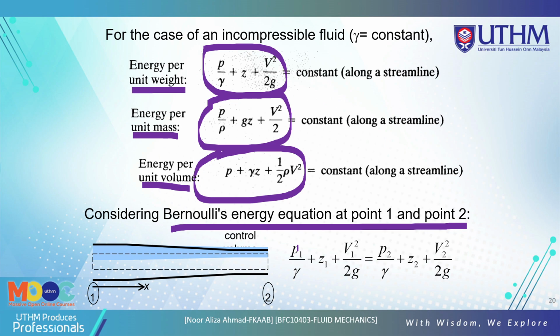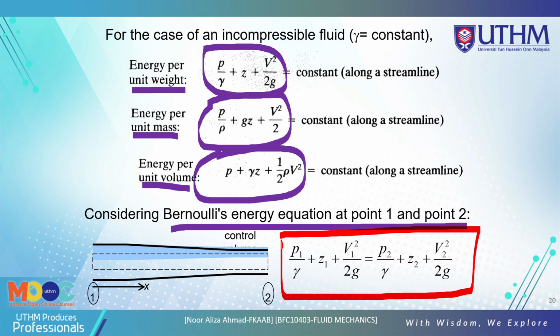So we use the pressure 1 at point 1, divided by the specific weight, plus Z1, plus V1 squared over 2g, is equal to the same terms, the pressure head, at point 2. So this is the formula for the Bernoulli equation from point 1 to point 2.